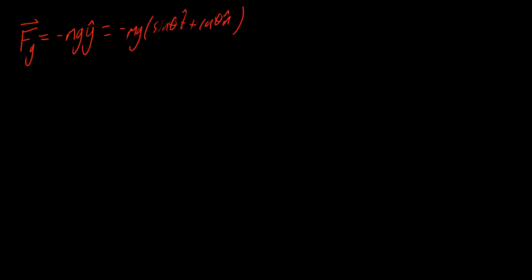So let's do that. So the net force, which is the same thing as mass times acceleration, so I'll just write this. So we know that m x double dot in the x hat direction and m y double dot in the y direction, this is just mass times acceleration, is equal to the net force. So we have negative mg y hat, which is the same thing as this, minus mg cosine theta n hat, and then of course we're going to have to add that normal force, which is going to be purely in the normal direction.